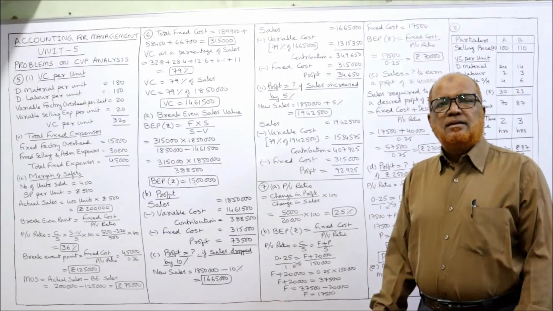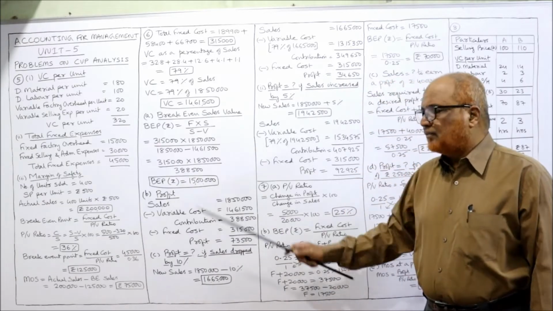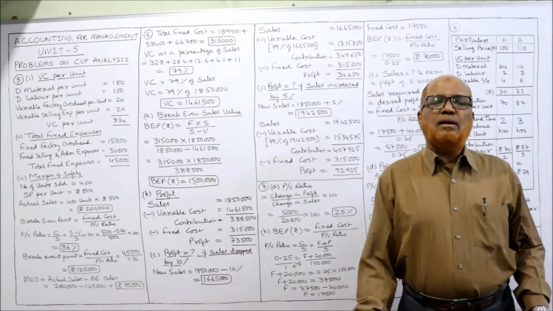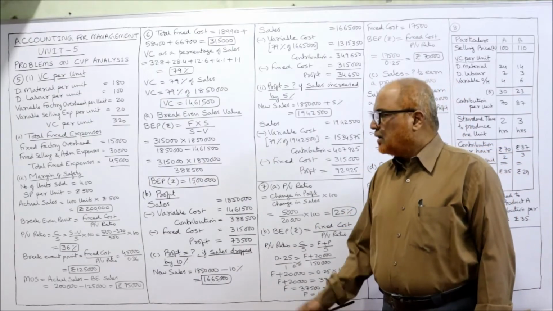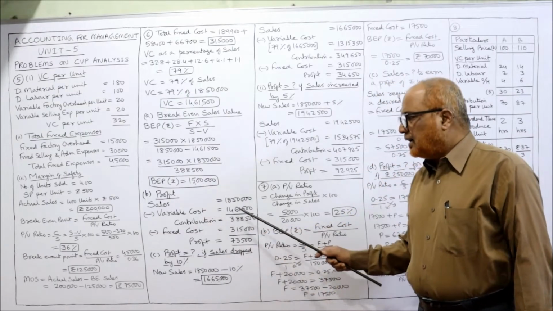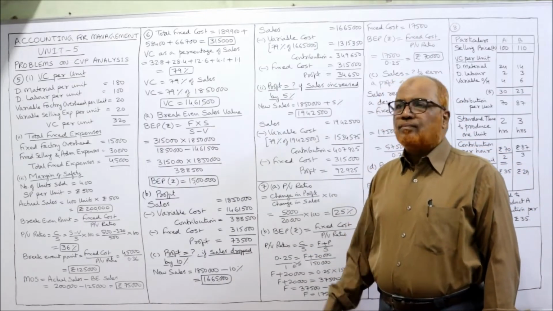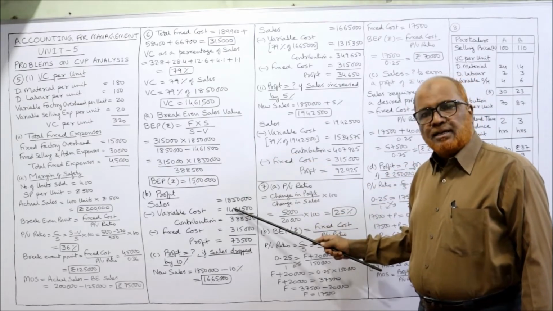That's it. So the first question is completed. Break-even sales we have calculated: 15 lakh. Second question, it is asking what is the profit at budgeted sales? At this level of sales, how much is the profit? Now, sales are 18,50,000. From sales, we subtract variable cost, 14,61,500.